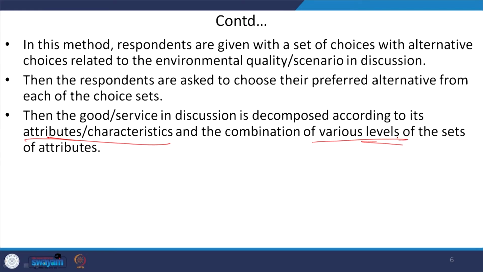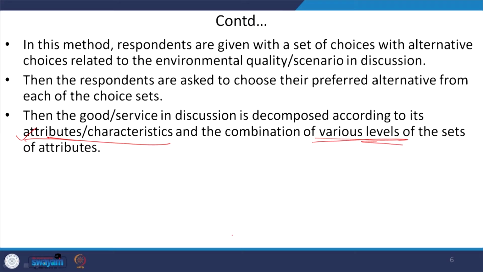So, the thing that we must understand is that we need to decompose the particular good or service we are talking about under a particular policy. We need to decompose this good or service in question into two things. The first one is the attributes or characteristics. Then we need to talk about the various levels of the attributes.